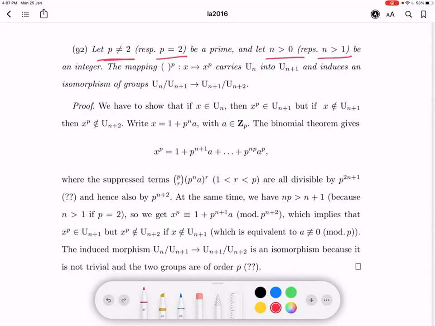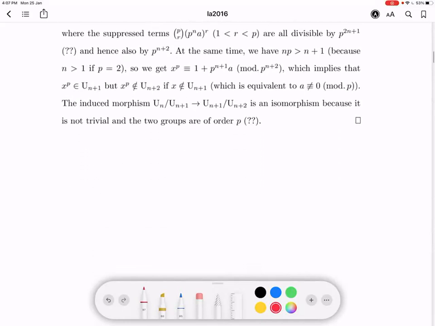Then you have this mapping x going to x to the power p. The claim is that this mapping takes U_n into U_{n+1}. And so if it takes U_n into U_{n+1}, it will take U_{n+1} into U_{n+2}.